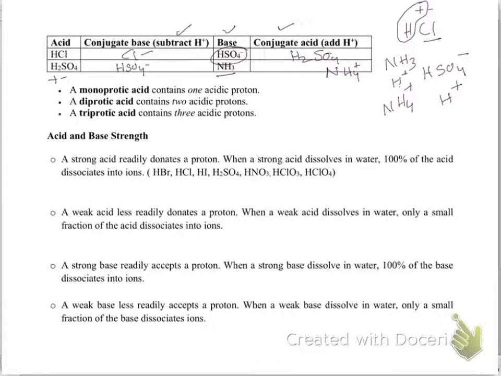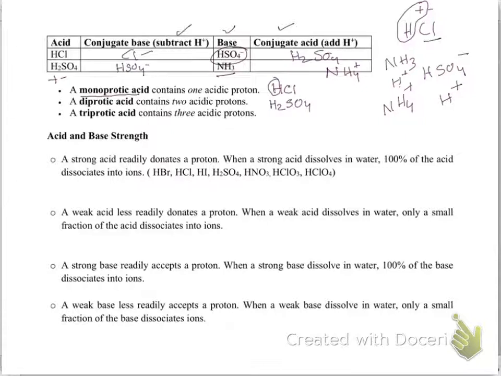Now, Bronsted acids may contain one or more protons that can be donated. For example, look at HCl. HCl has only one hydrogen. That means it can donate only one proton, H with the positive charge. So if it has only one acidic proton, meaning the proton that can be donated, it is called a monoprotic acid.